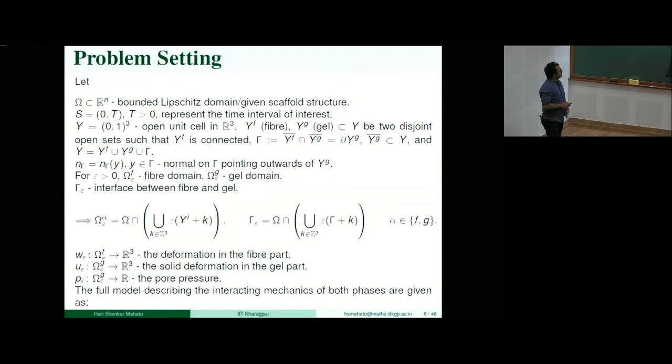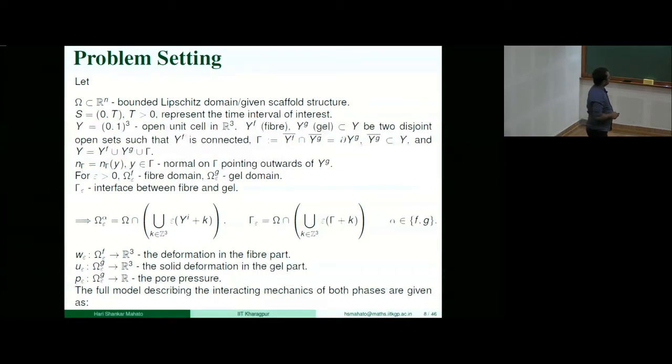Based on that, as in homogenization theory, everything is covered by translated versions of the cell Y. So our YF, the microfibers in the entire scaffold, will be the union of these microfibers all over the scaffold, and the hydrogels will again be the union of all these hydrogels in the entire scaffold. The boundaries between the hydrogel and the microfibers are denoted by gamma epsilon.